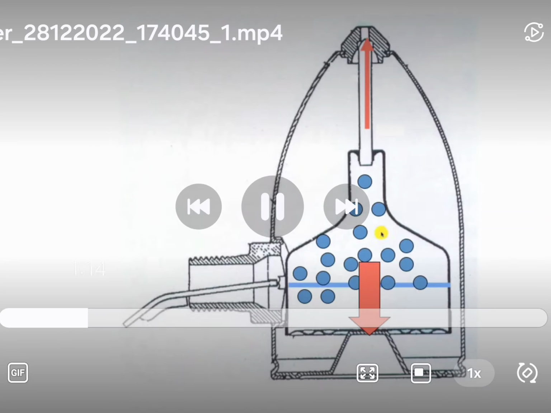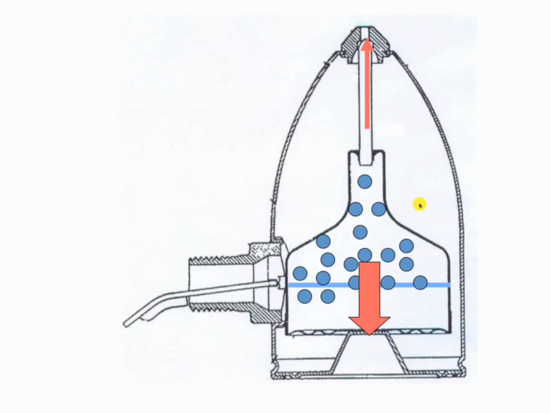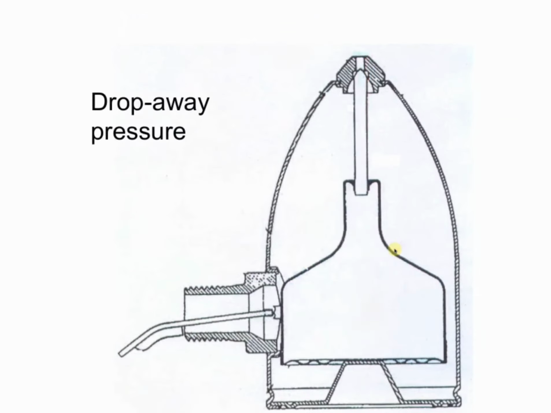So what we want to happen is the float to fall so that we can have venting again. And that's where this thing called drop away pressure comes in. Vent valve manufacturers in their literature, they call it either operating pressure or drop away pressure. And it's the pressure through which the system must cycle down at the end of every cycle. And that's where the pressure control comes in.